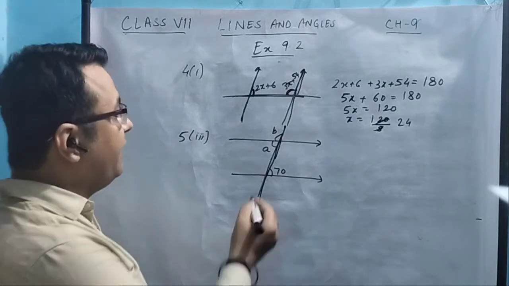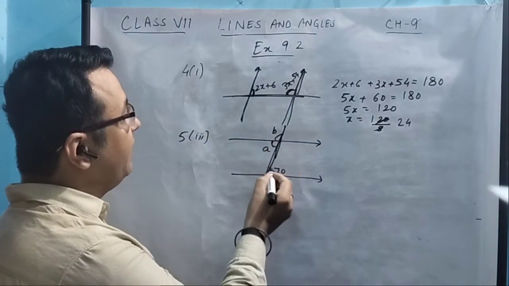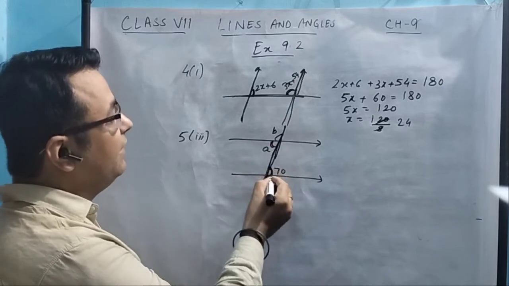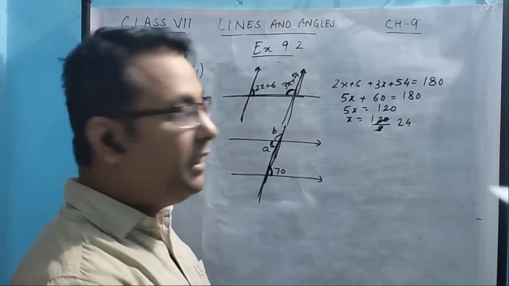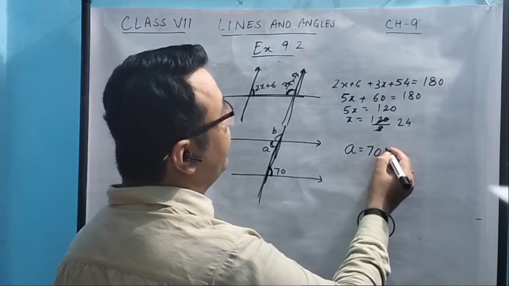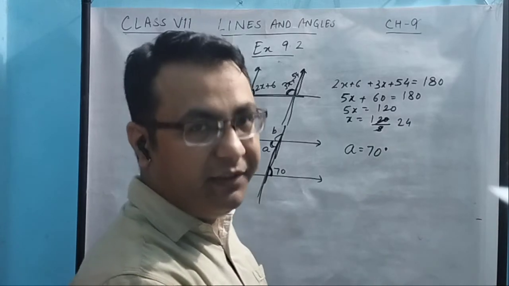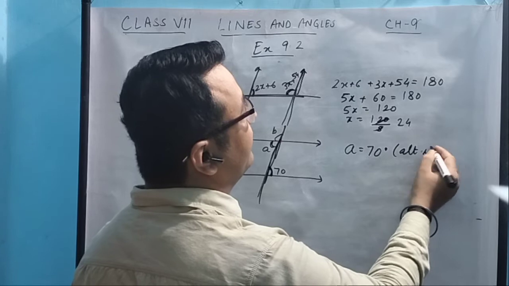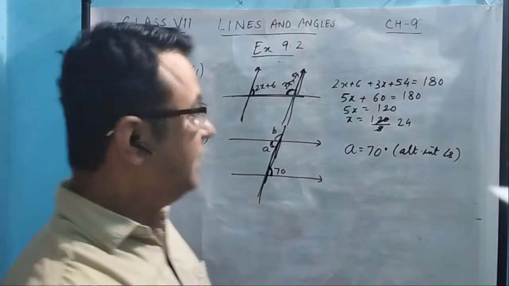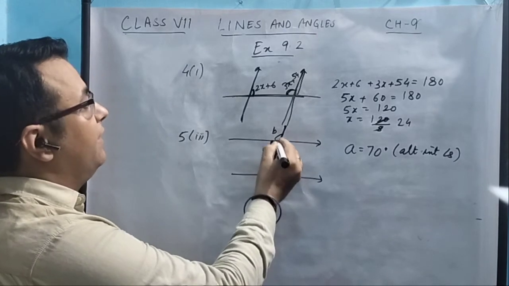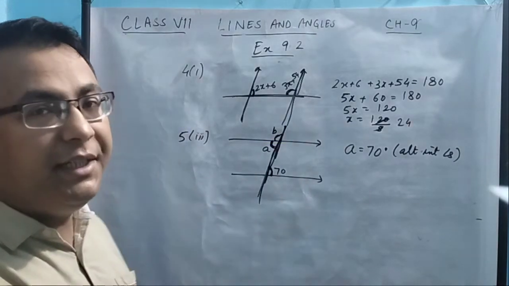So first let us find the relation between angle A and 70 degrees. As we can see, they are on the opposite sides of the transversal and they are inside the parallel lines. So they will form a pair of alternate interior angles. So directly we can write A will be equal to 70 degrees. Reason being alternate interior angles. Now this is a straight line and angle A and angle B form a linear pair.